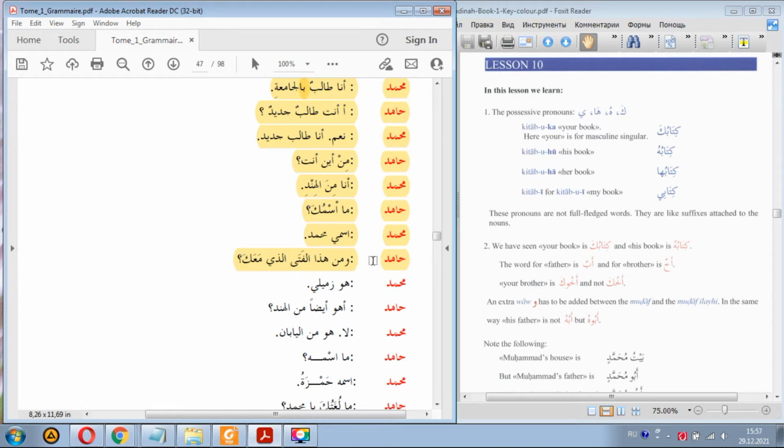But if you say it without making any pause, you say وَمَنْ هَذَا الْفَتَى الَّذِي مَعَكَ, because it's Hamzatul Wasl, it's preceded by a word. That's how it's pronounced.